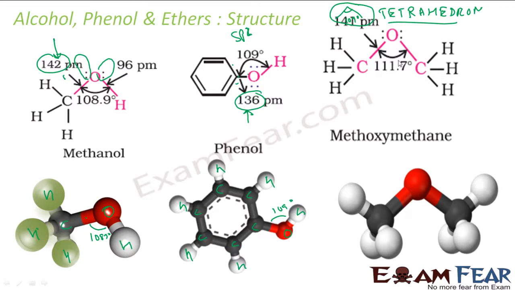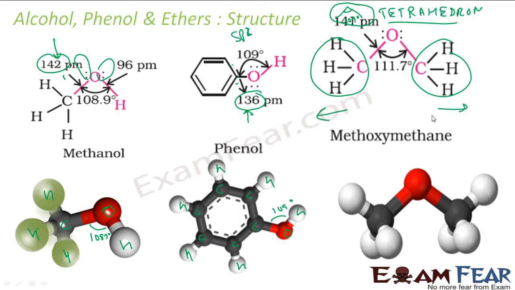And why is this angle more? Because there are two bulky groups here, right? Since the bulky groups are there, they'll repel each other. Since these bulky groups repel each other, the angle increased. Correct? There are two bulky groups here, maybe alkyl or aryl groups.